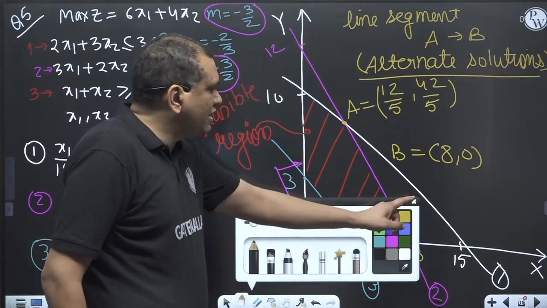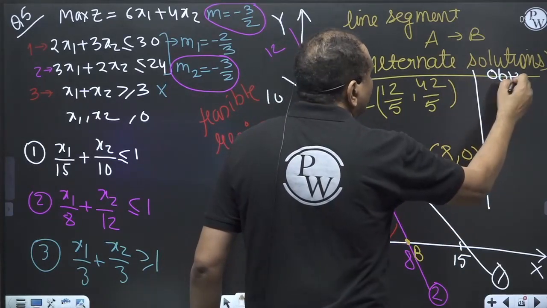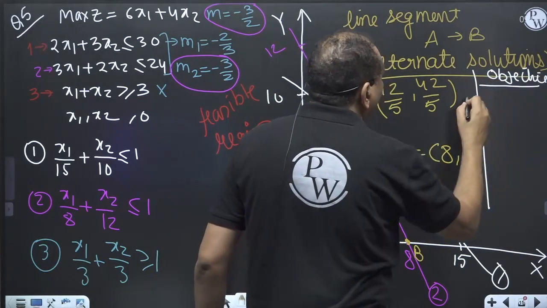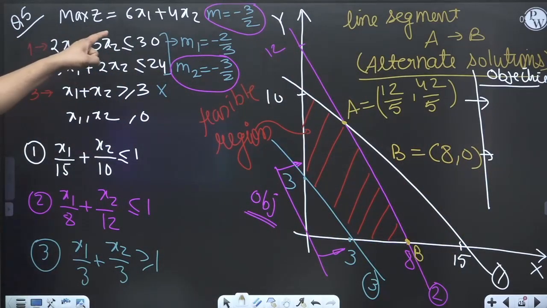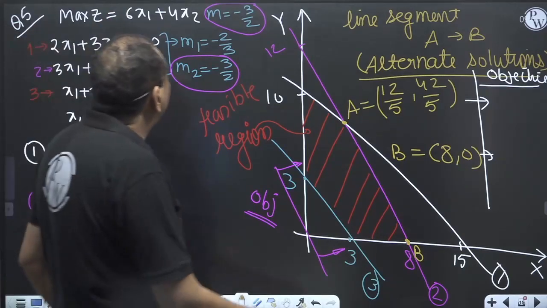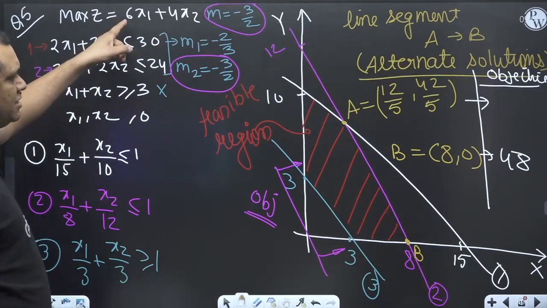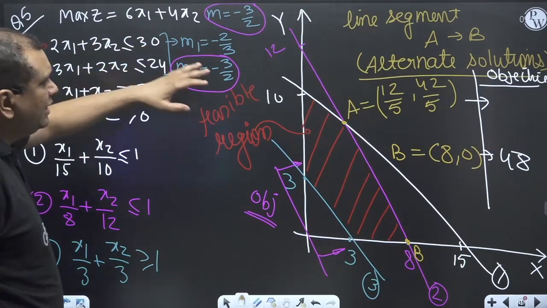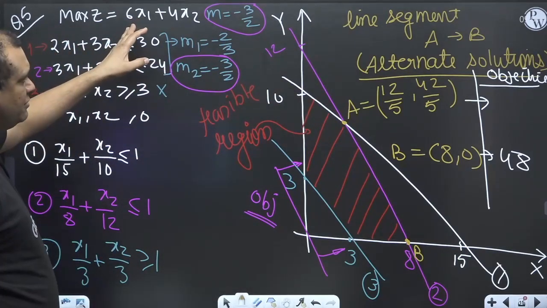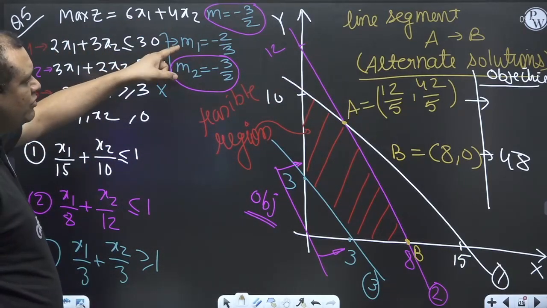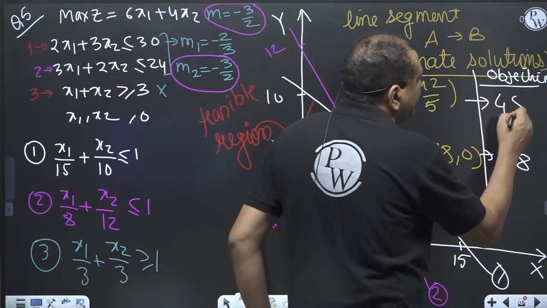So if you find the value of the objective function corresponding to A and B, it will be the same. Corresponding to B, 8, 0, put it here, 8 sixes are 48. Now for A, if you put x equals 12 by 5 and y equals 42 by 5, you will get exactly 48.